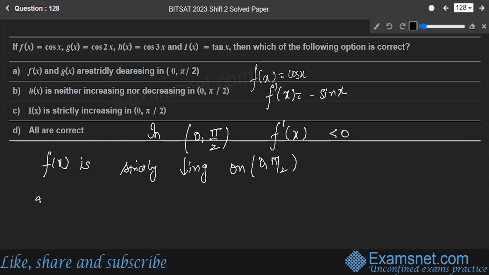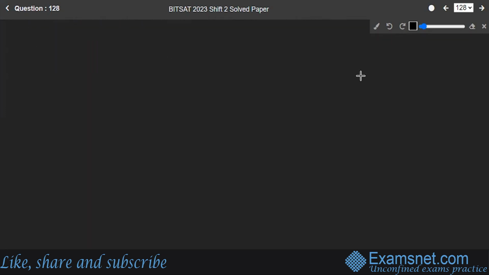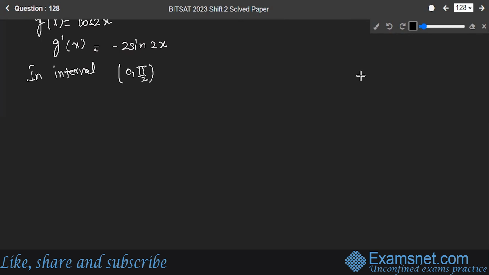Let's pick up the second one, which was g(x) is equal to cos 2x. g dash x will be equal to minus 2 sine 2x. Now in the interval 0 to pi by 2, this is negative. g dash x is negative.